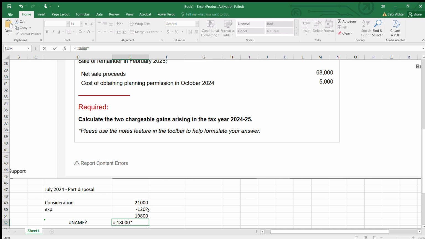Your gross consideration, that is 21,000, divided by 21,000 again plus B. What is B here?